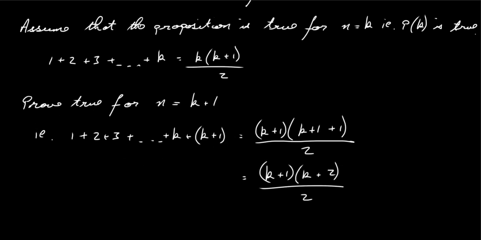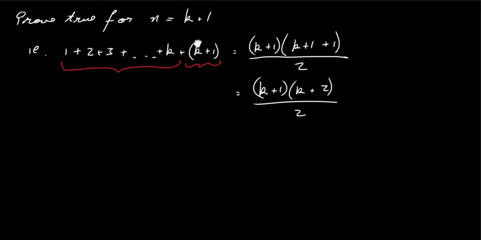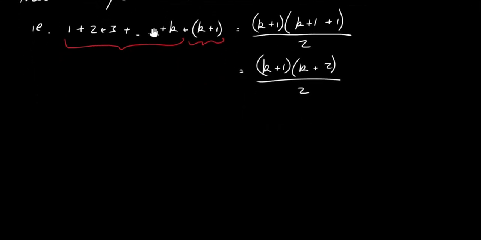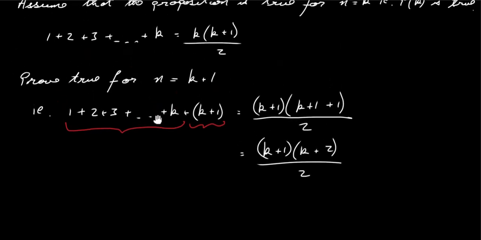So we're going to start on the left hand side, and what we're going to do is look at this part here and this part here and combine them. So we know that the first part, this part here, is part of our assumption. We assume that from 1 up to k is equal to this here. So we can replace this part here with k times k plus 1 over 2.